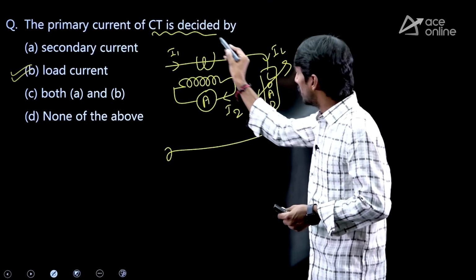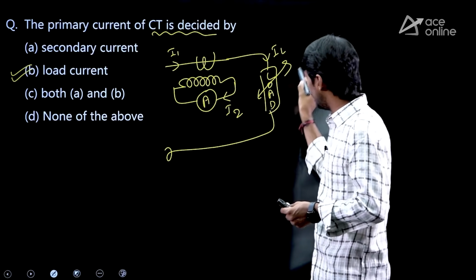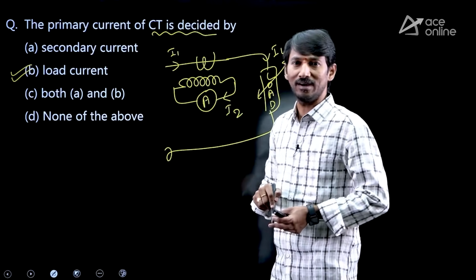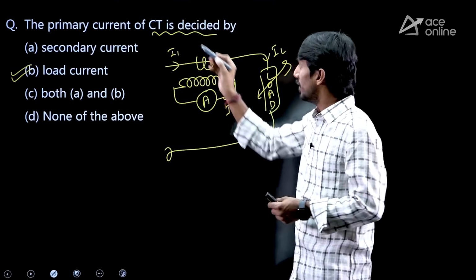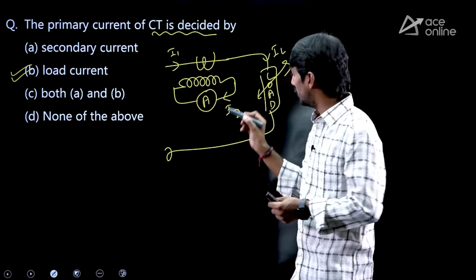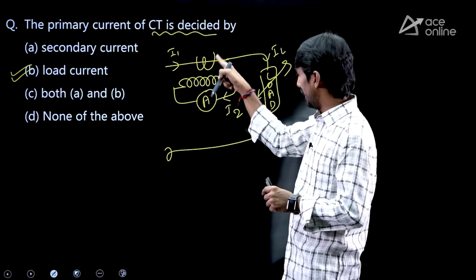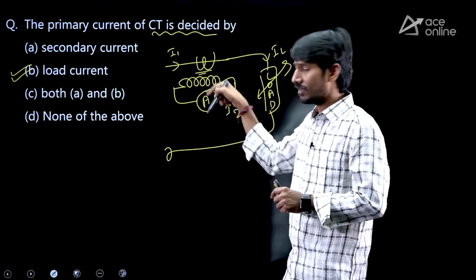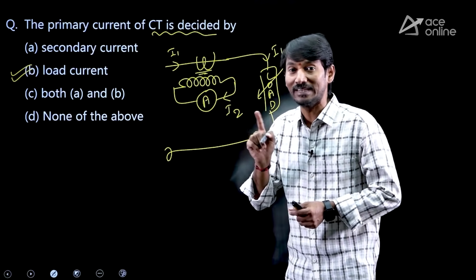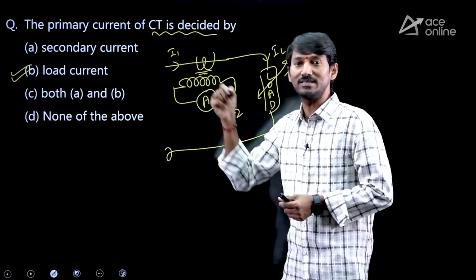So therefore, primary current of CT is decided by load. So automatically load current is the answer. If they are asking primary current of CT is determined by or calculated by, then using the turns ratio N1, N2, etc., we can use a formula. But he is not asking determined by, he is asking decided by.